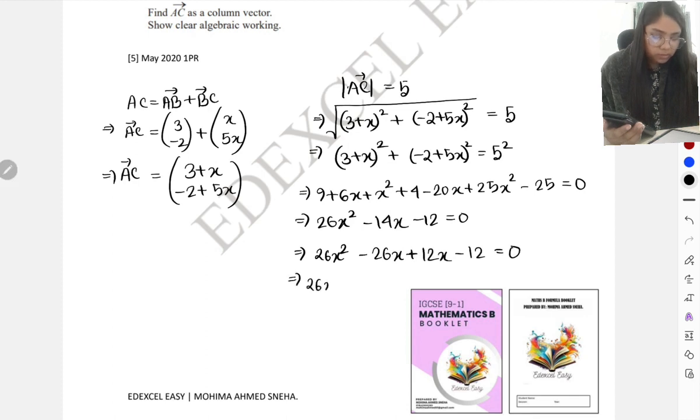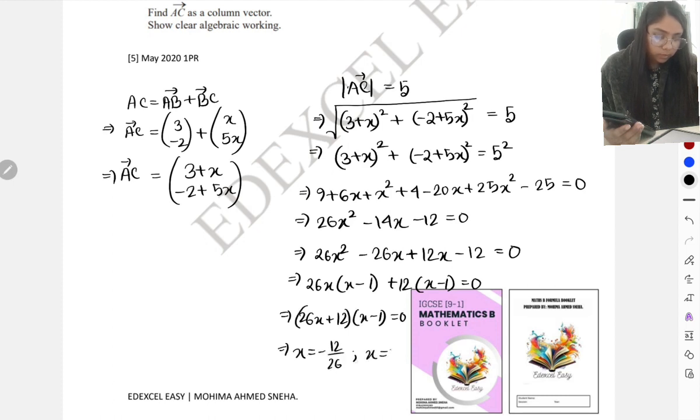So you can take 26x as a common factor, it's going to be x minus 1, and plus 12 as a common factor, x minus 1 equals 0, and you end up with 26x plus 12 and x minus 1 equals 0. So from here you get x equals minus 12 over 26, and the other value would be 1.